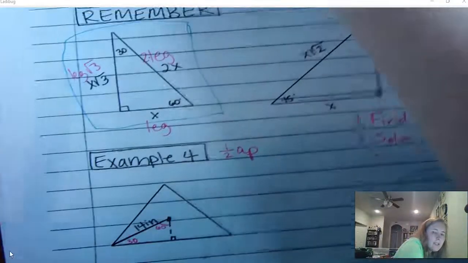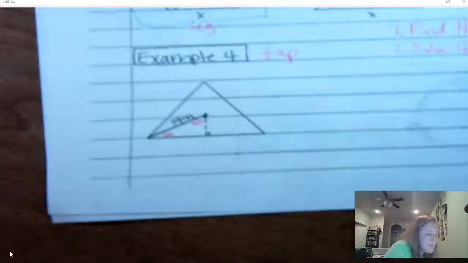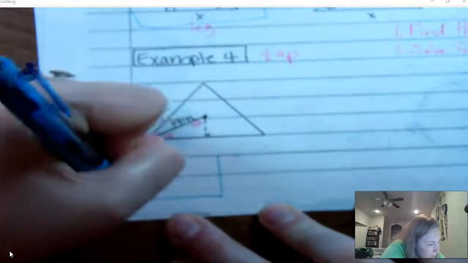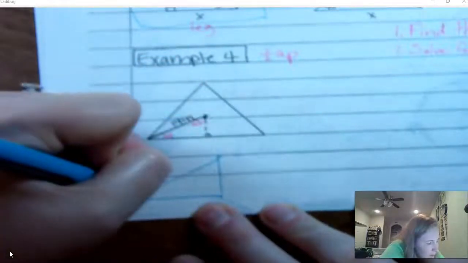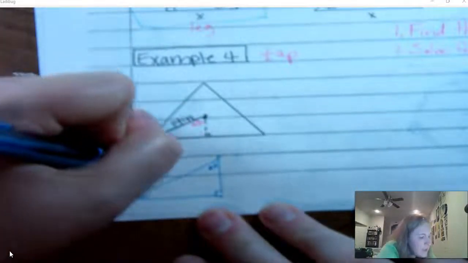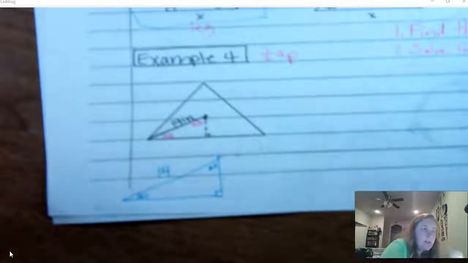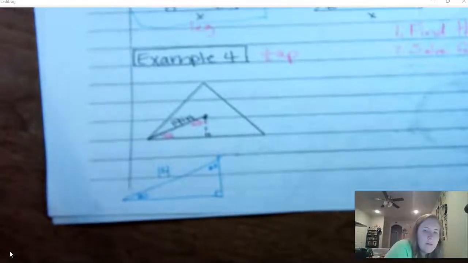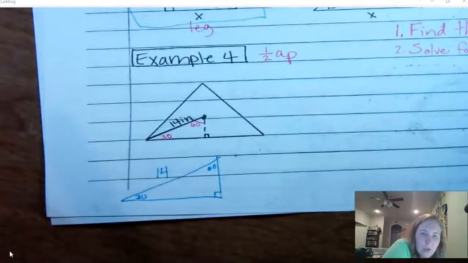I'm actually going to zoom this in so you guys can see it a little better. I'm going to draw this triangle a little bigger below. So we have my 30, 60, 90 triangle, 14 units long there. Oh, let me make that a little more clear.